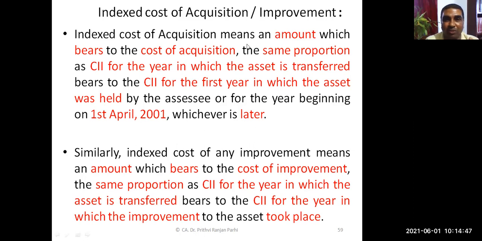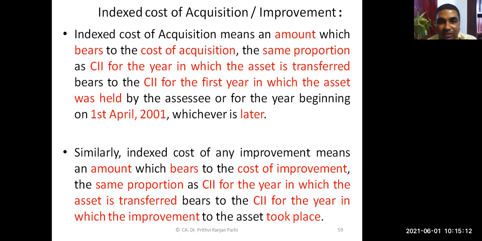What is the indexed cost of acquisition? It means an amount which bears to the cost of acquisition the same proportion as the CII of the year in which the asset is transferred, that means currently when you are transferring, bears to the CII of the first year in which the asset was held by the assessee, or for the year beginning on 1st April 2001, whichever is later.